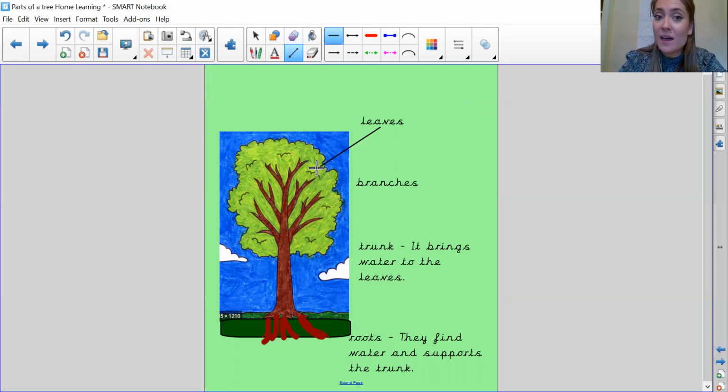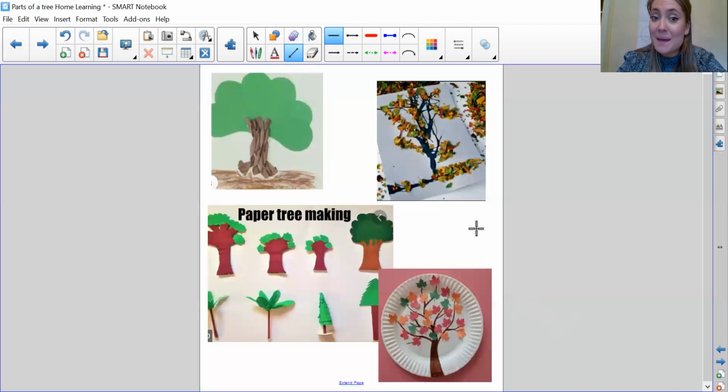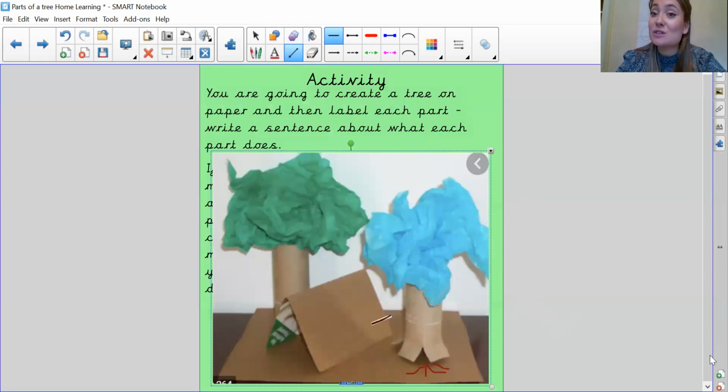So I draw a really lovely neat line with a ruler showing that's my leaves. And same my branches and my trunk as well, and my roots down at the bottom. So if you don't have bits that you can use around the house to make a tree, then you can do it on a piece of paper. But see if you can make one like here.